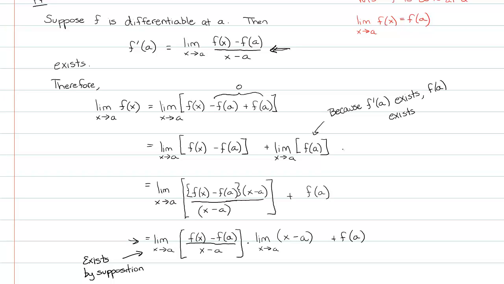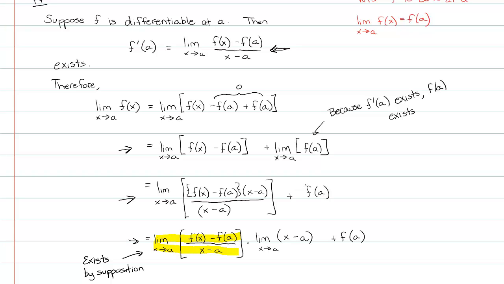Obviously, the limit as x approaches a of x minus a, that also exists. I mean, that's an obvious one. So we were perfectly okay with splitting those limits. I get down to a point, I split, crossing my fingers, hoping that the split was a fair thing to do. And when I get down to the bottom, I find out that, oh yeah, that split is perfectly fine, because the first part of the split is okay. We've said that exists.